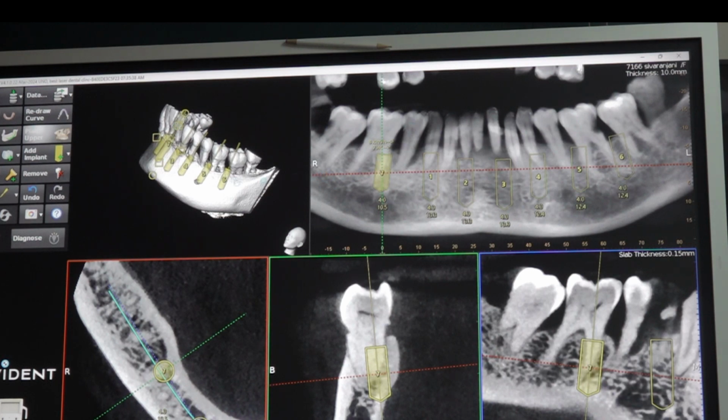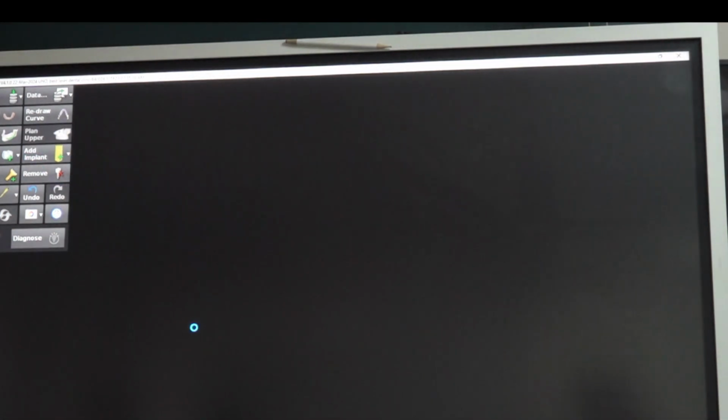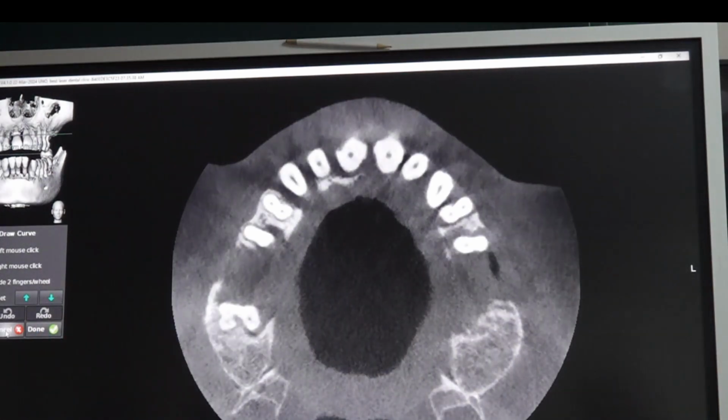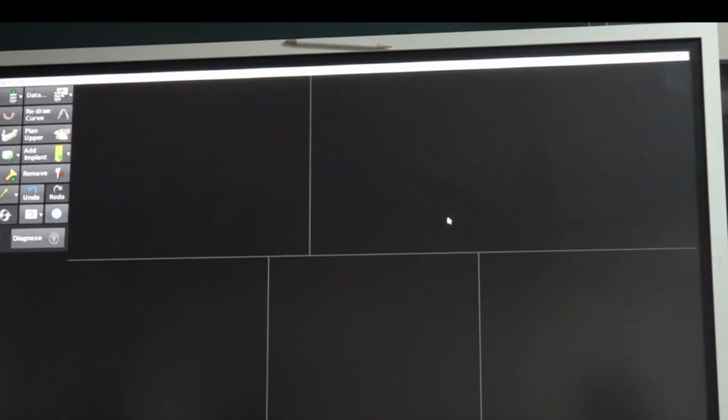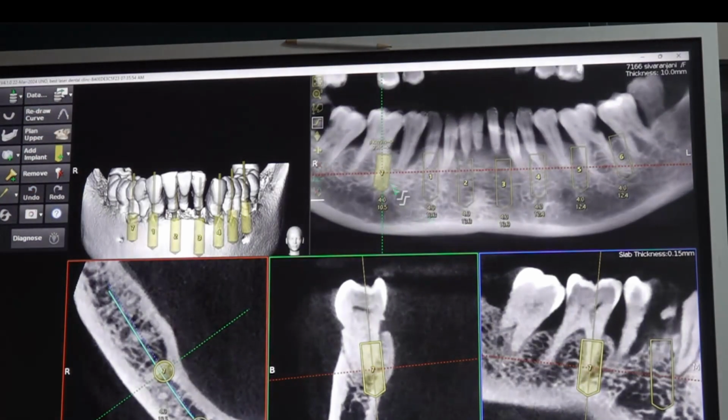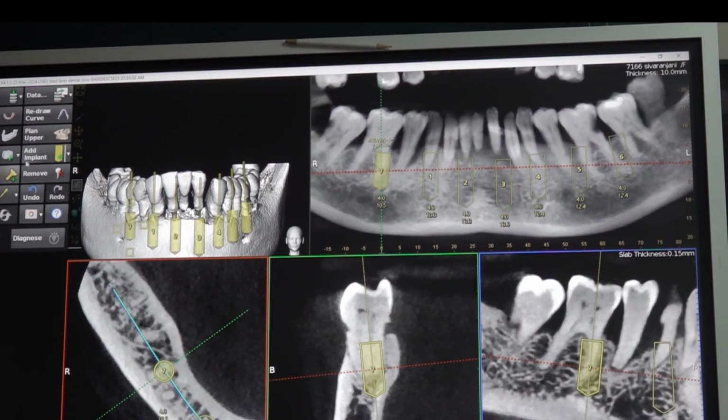Now we can choose the interdental bone between 6 and 7.